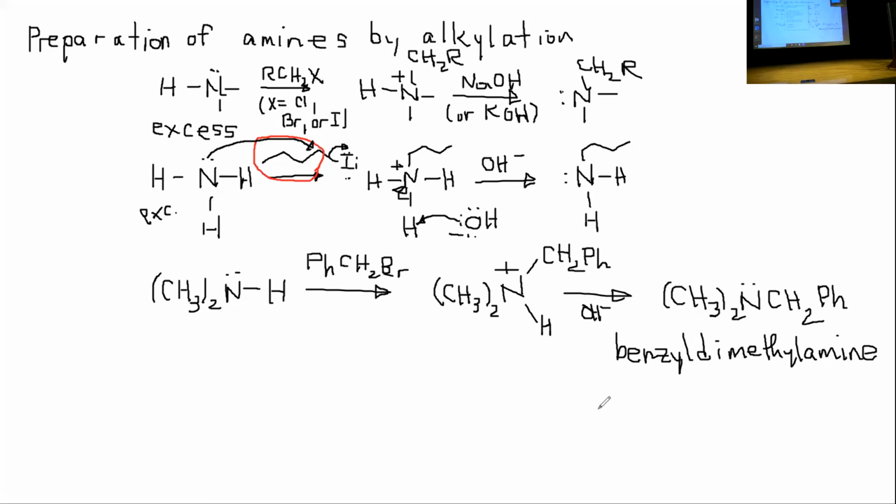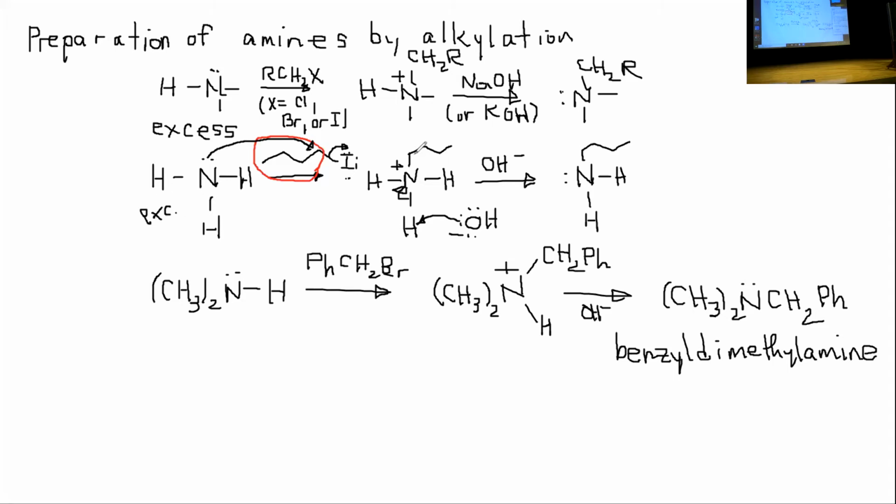Good, so that's how alkylation of ammonia and other amines works. That's one way of making amines, and it's pretty much the only way. Oh, I forgot to say, why are we emphasizing that you need to use a large excess of your starting material? Well, let's just look at this one over here with ammonia.